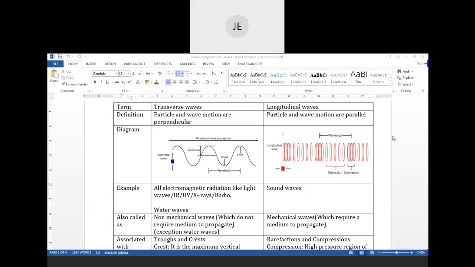If you observe, the particle is vibrating horizontally, and the movement of the sound wave is also horizontal. Both are in the same direction. That is why sound waves are longitudinal waves.